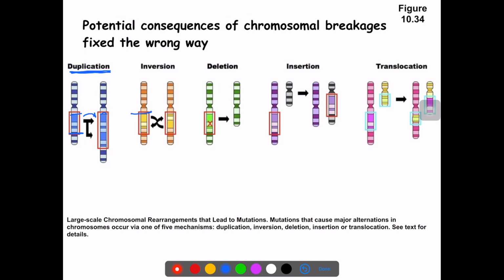Whenever you have those breaks in one chromosome and that segment has been excised, it may be fixed, but in the flipped orientation. So you end up with a flipped direction, and that's referred to as an inversion.